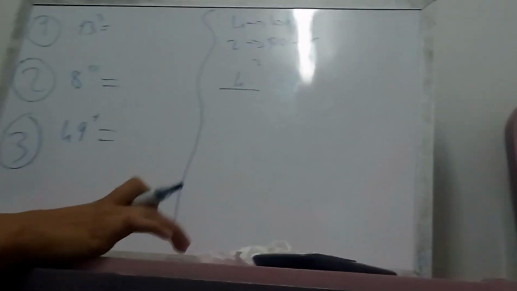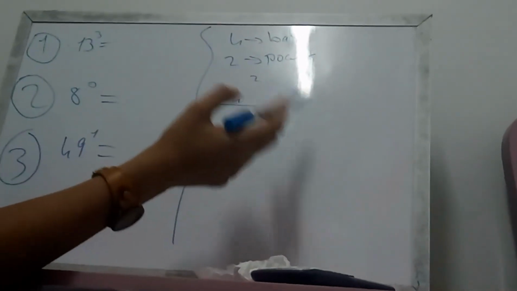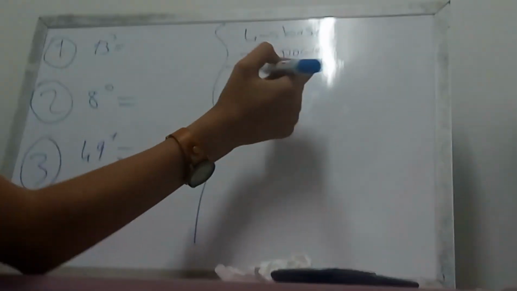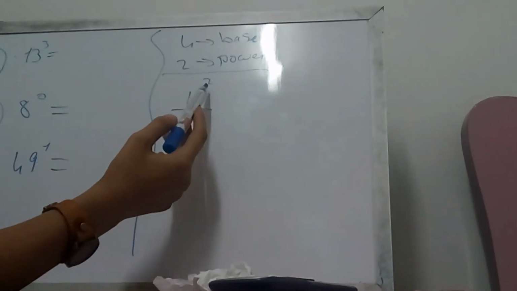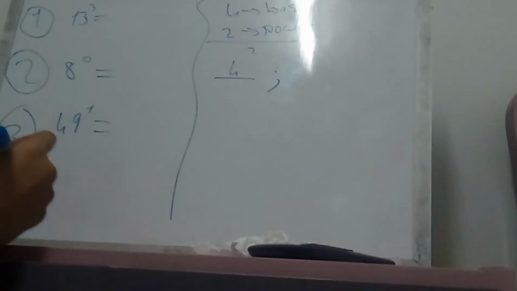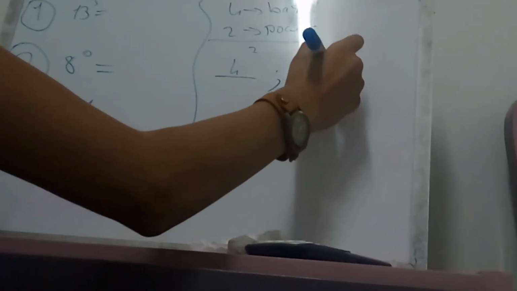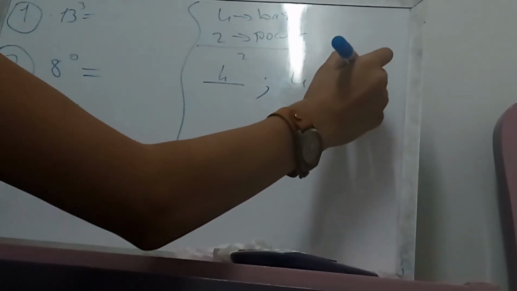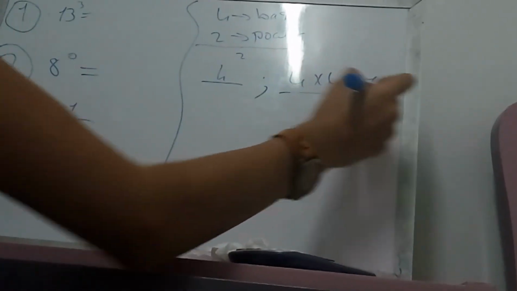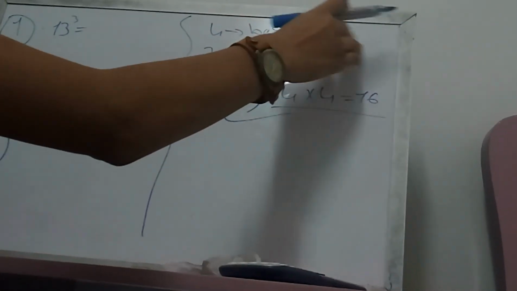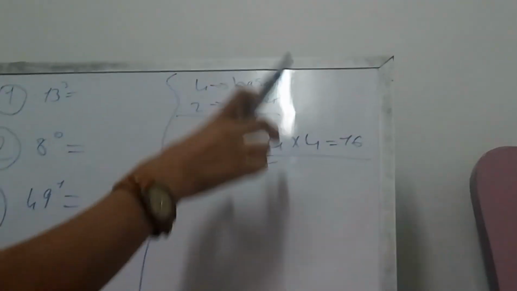If the question tells you to write the exponent and then solve it, you write the exponent, and then you solve it. So you'll do 4 times 4, which is 16. This will be your answer, if the title of the question tells you to write the exponent and solve it. Okay?